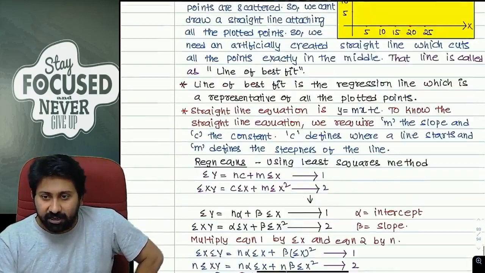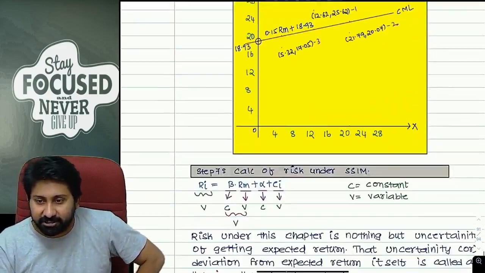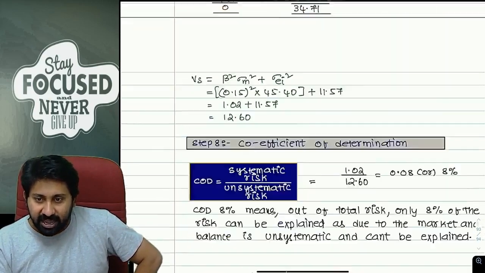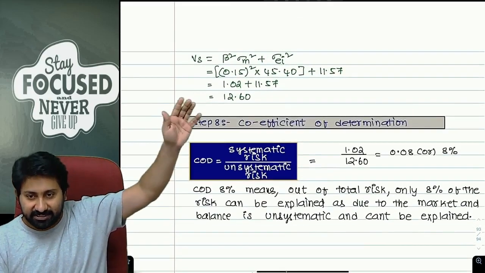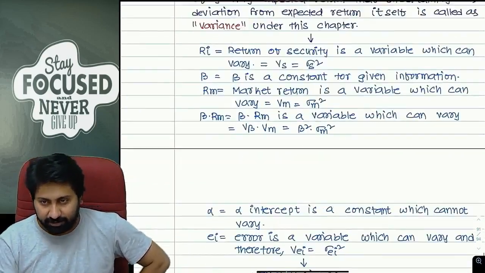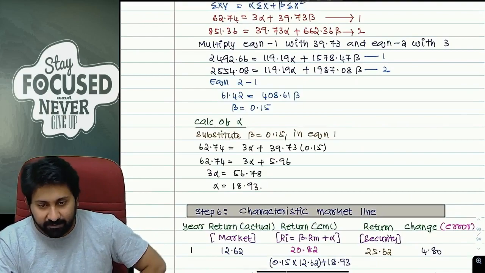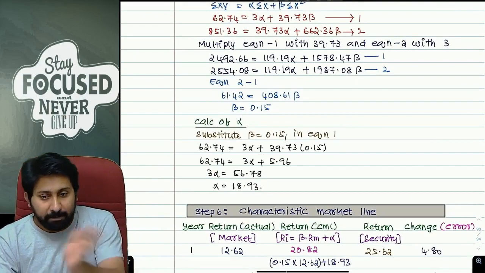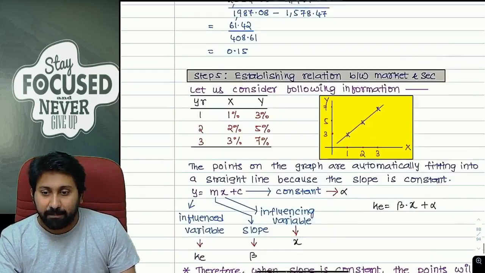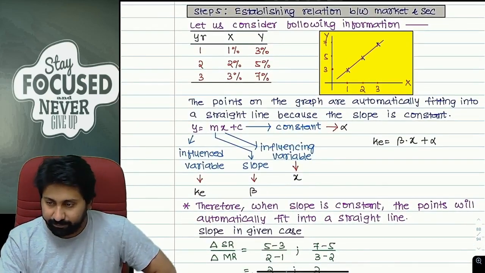We are going to analyze in depth how the simultaneous equations have to be drawn and how the Sharpe model will calculate these. Lastly, we will find the systematic and unsystematic risk bifurcation and coefficient of determination. Everything we will do, one by one, in bits and pieces. Clear everyone? Thank you. So next, part number 2 will cover the concepts regarding the market and the security, establishment of a relation.